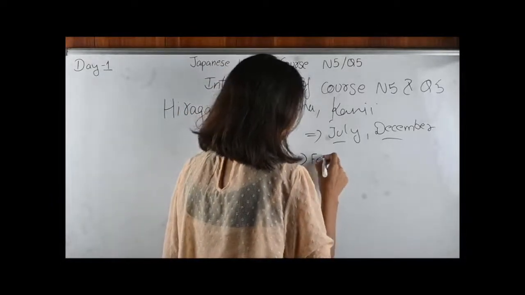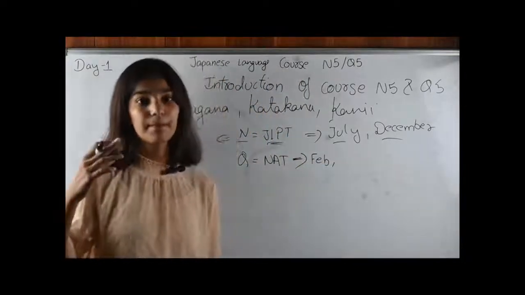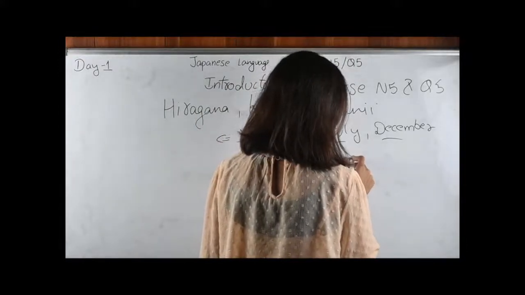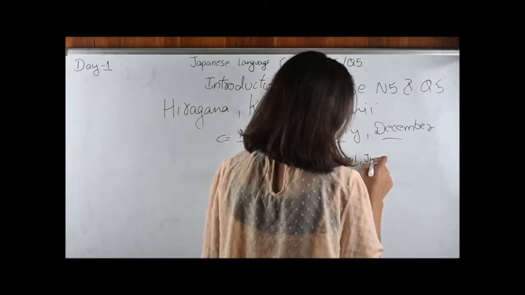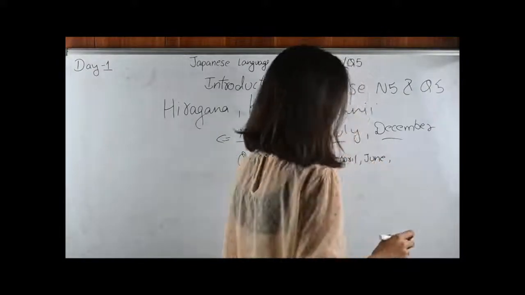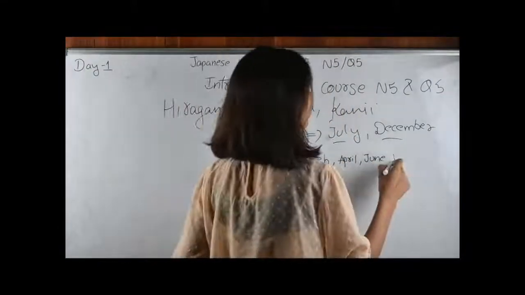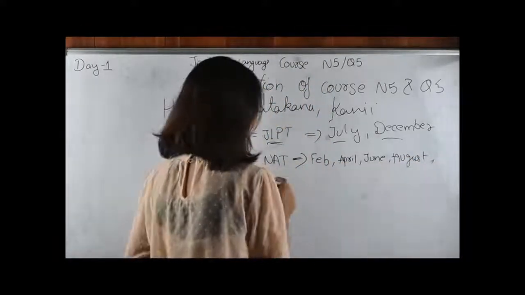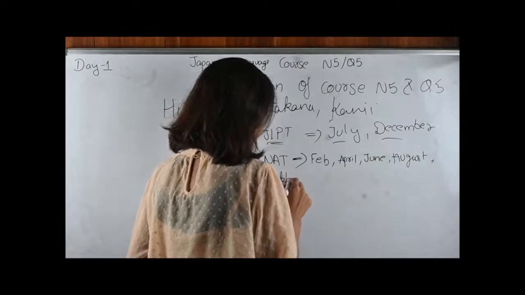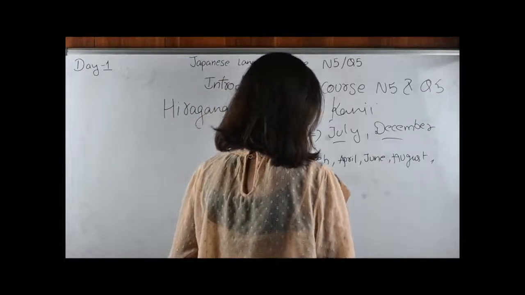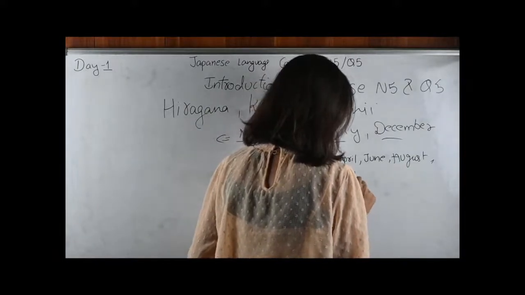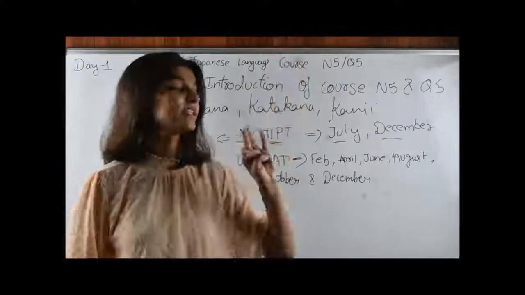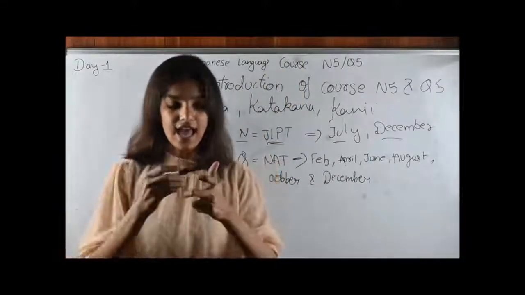First is February, then April, then June, then August, then October, and December. 1, 2, 3, 4, 5, 6, means you have 6 chances to attend the NAT exam in a year.